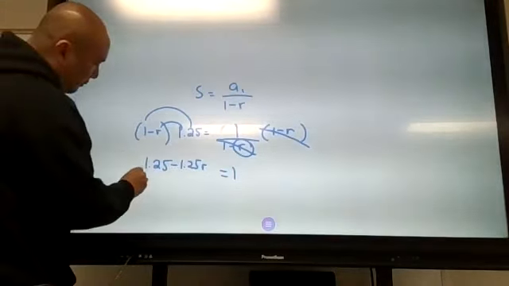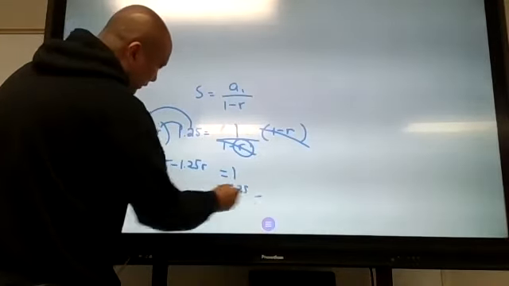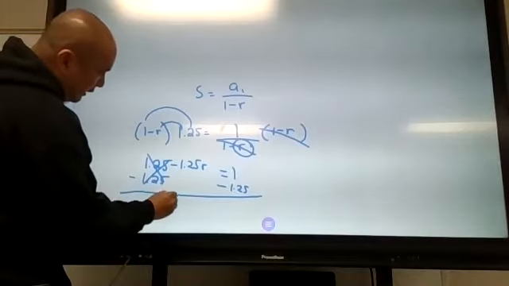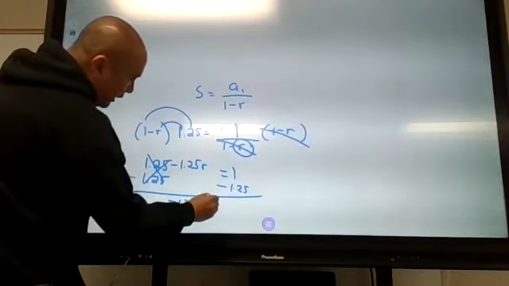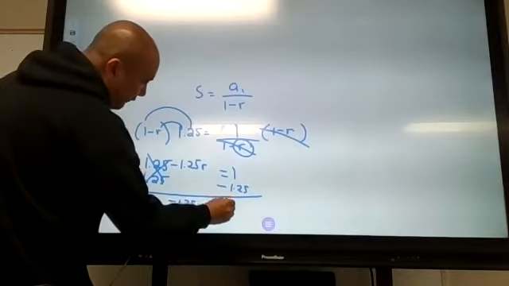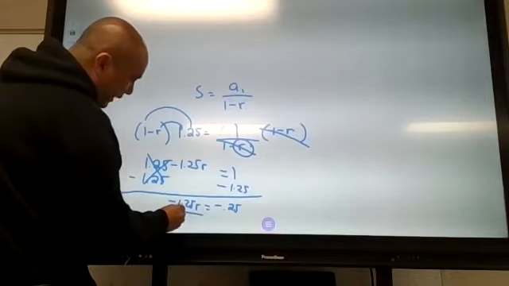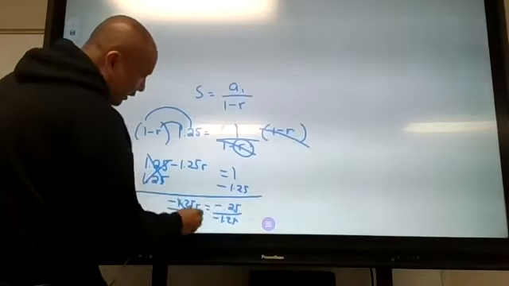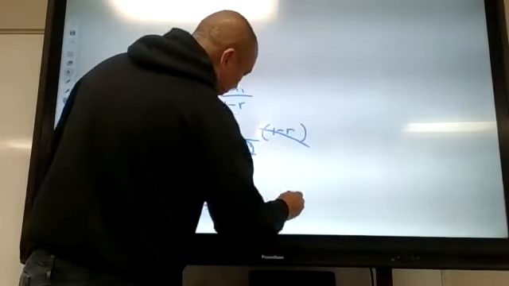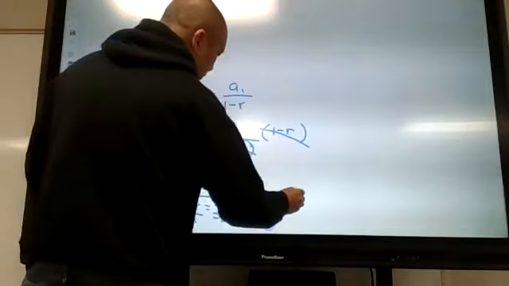Then you subtract the 1.25. That comes out to negative 1.25r equals negative 0.25. Then when you divide by negative 1.25, r is equal to 1/5, which is 0.2.